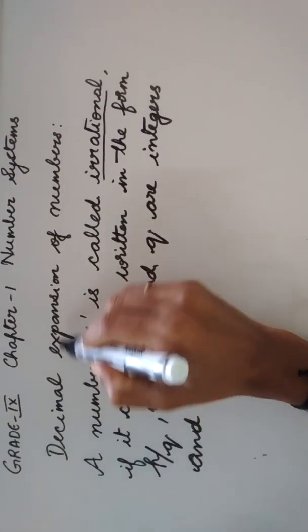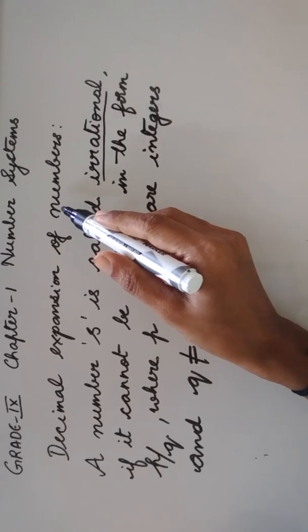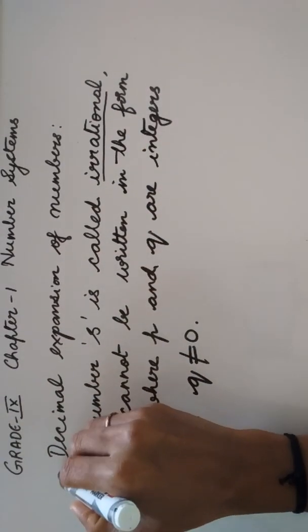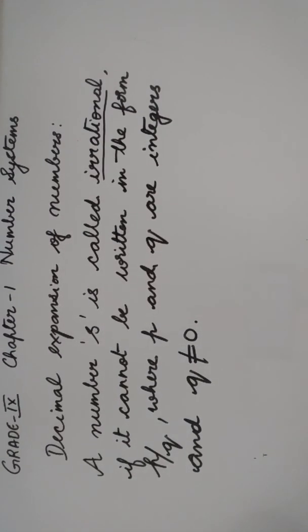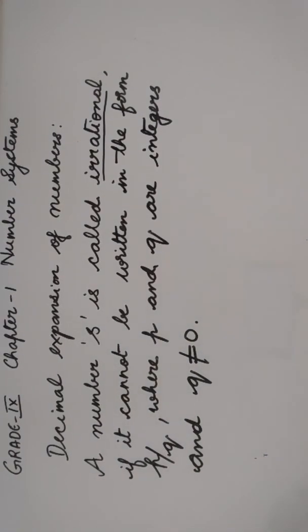So in decimal expansion of numbers, we had 3 decimal expansions. That was the terminating decimal, non-terminating, non-repeating, and non-terminating, repeating.